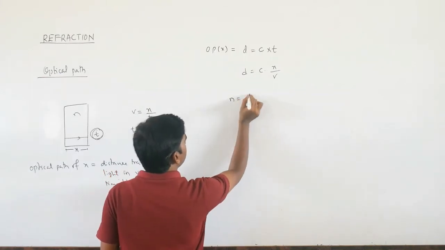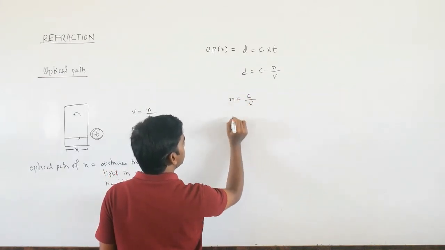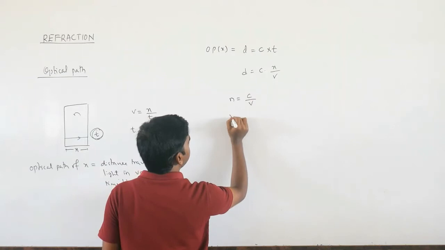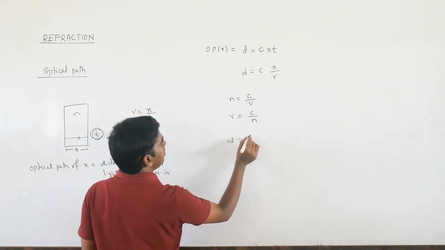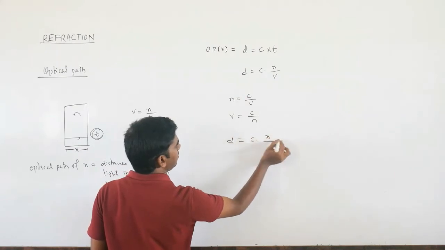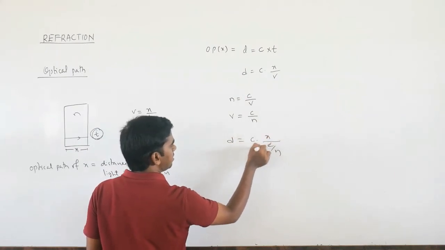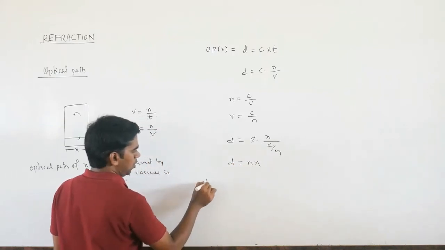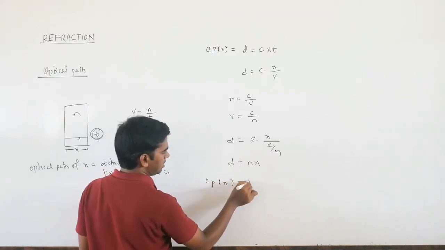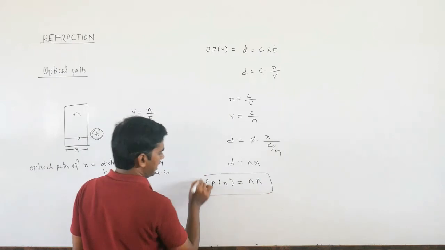So n equals c by v, so v equals c by n. So the optical path equals c into x divided by c by n. C will get cancelled. So the optical path of x is n into x.